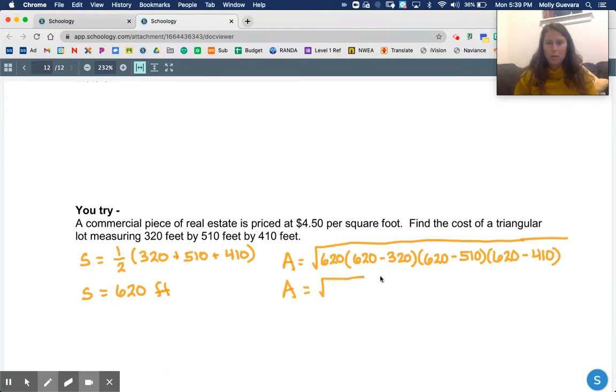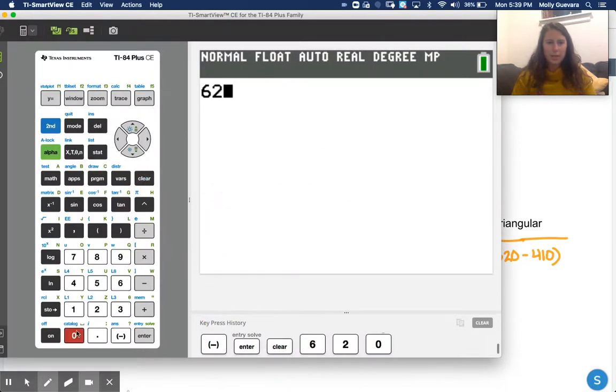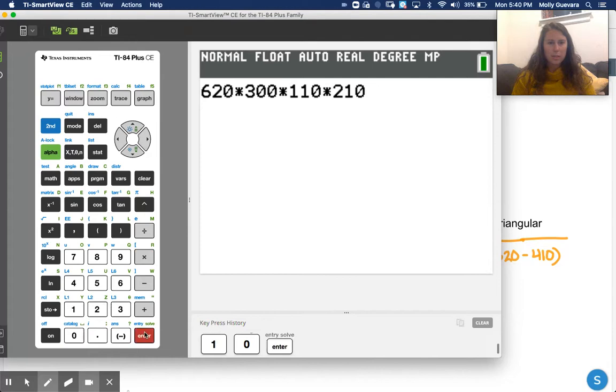So when we enter this into your calculator, it should be 620 times 300 times 110 times 210. Holy moly, it's a large number. And hopefully we got that the area, well, let's just go ahead and do it. Okay, so 620 times 300 times 110 times 210.